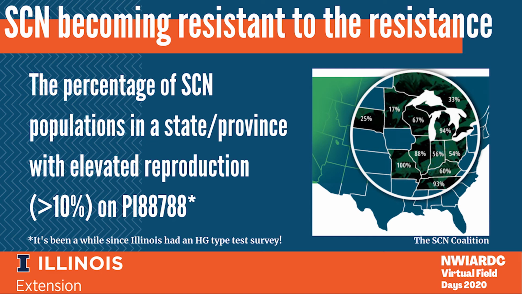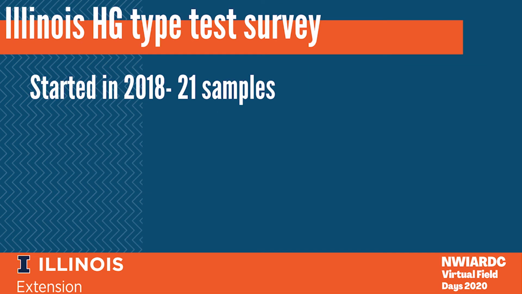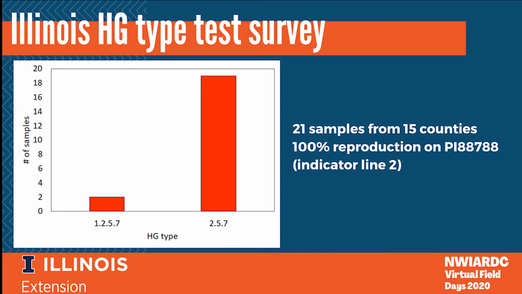this survey was done some time ago. As I mentioned, Nathan Kluszewski has been working on a new round of SCN HG type surveys. He started this in 2018, where they collected 21 samples. From those 21 samples, we had 2 samples that were HG type 1257 and 19 that were 257.